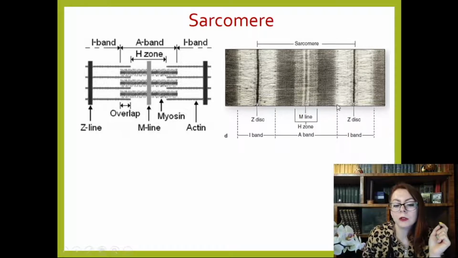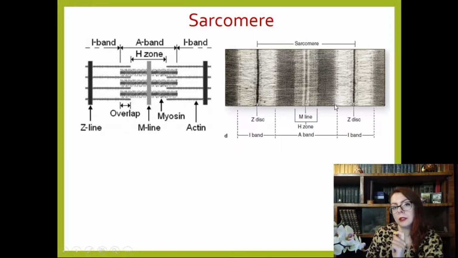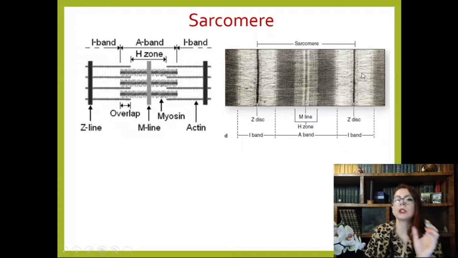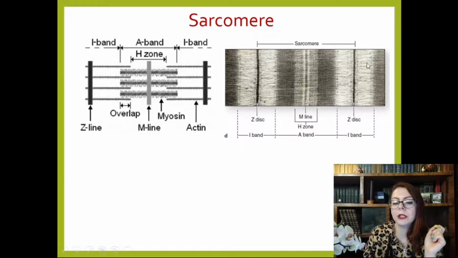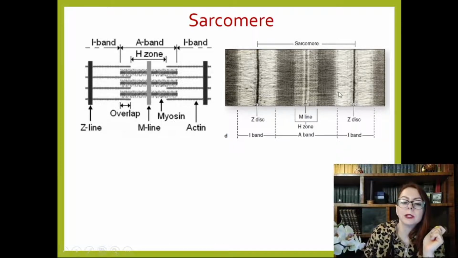While in the alternating I bands, between the dark regions, between the A bands, only actin filaments are located. So this region is something like homogeneous. That's why it is called isotropic. Iso means equal. So I bands, isotropic bands, alternate with A bands, which are anisotropic bands.